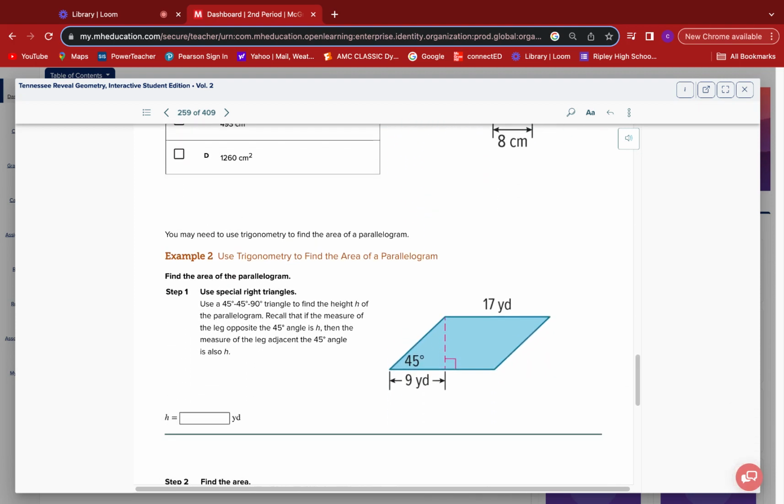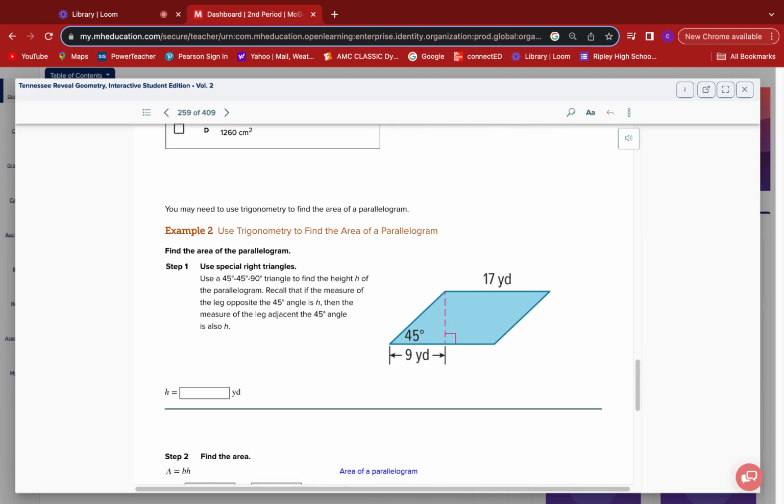Example number 2. Use trigonometry to find the area of the parallelogram. Actually, I am not going to use trigonometry to find the height, and here's the reason why. This is one of the special right triangles. It is a 45, 45, 90 right triangle.